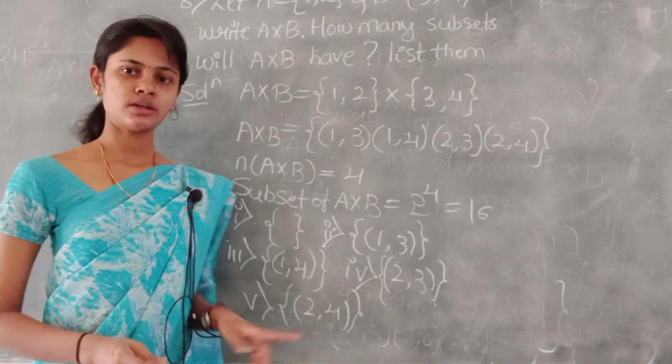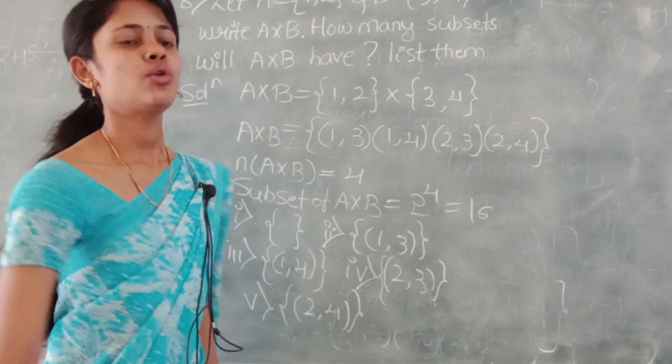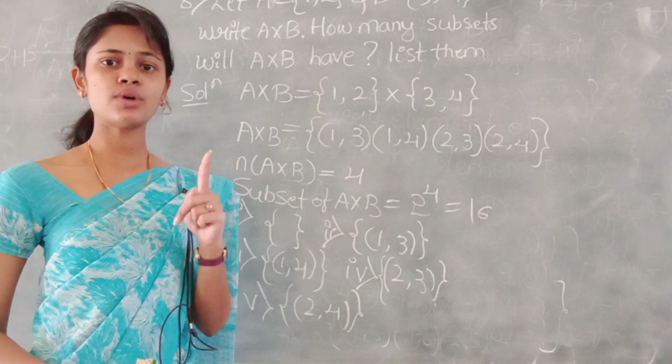Right. So totally we have now written 5 subsets, containing only one ordered pair.